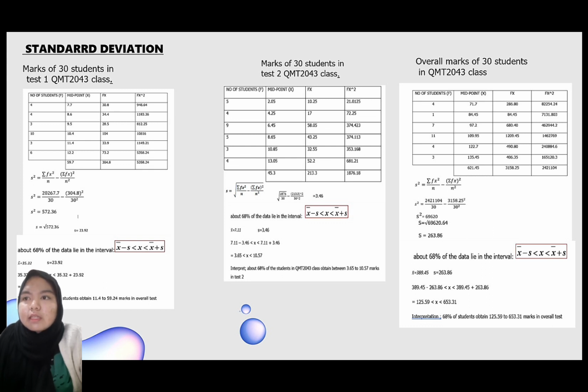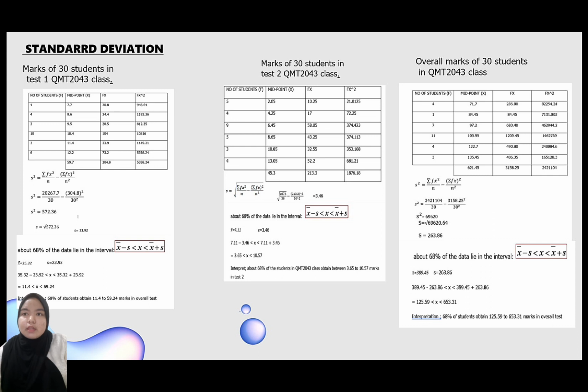So the answer is 3.65 less than X less than 10.57. Interpretation: about 68% of the students in the QMT 2043 class obtain between 3.65 and 10.57 marks in test 2.